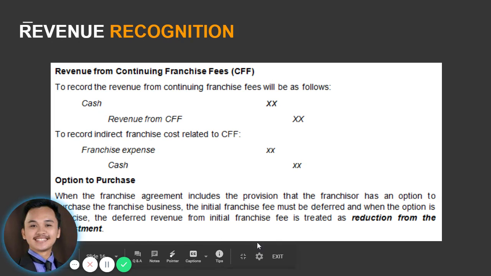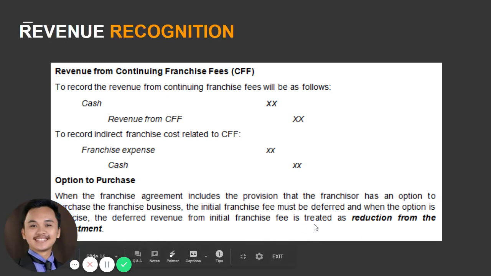But usually, bihira ni siya mahitabo ang option to purchase. Okay, what's the point of having franchise agreement or franchising if the franchisor will have it back, 'di ba? Or will purchase it back. So bihira lang ni mahitabo ang naay option nga palito ni franchisor ang business ni franchisee.